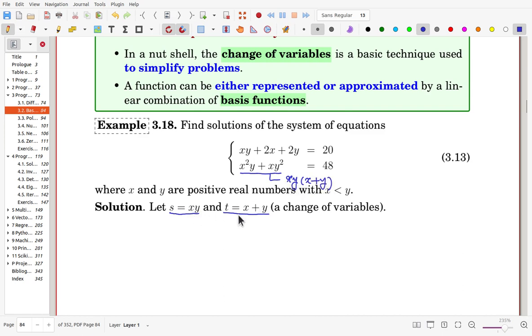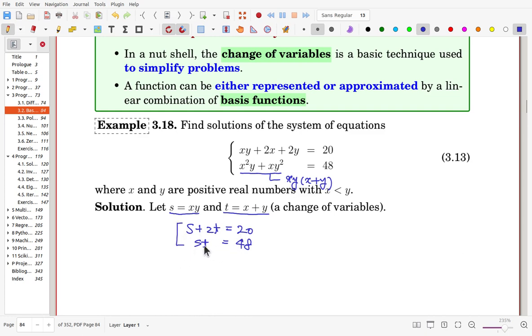The first equation becomes xy is s and 2x plus 2y is twice t, which is 20. From the second equation, st equals 48.